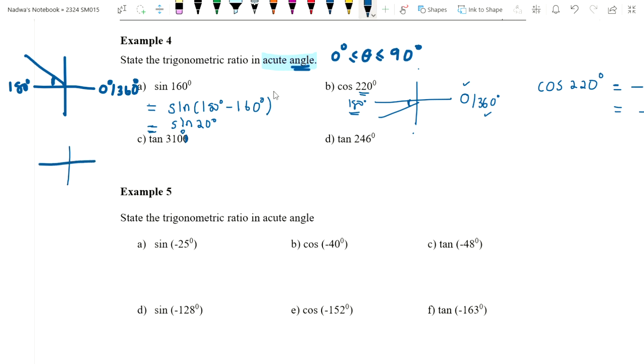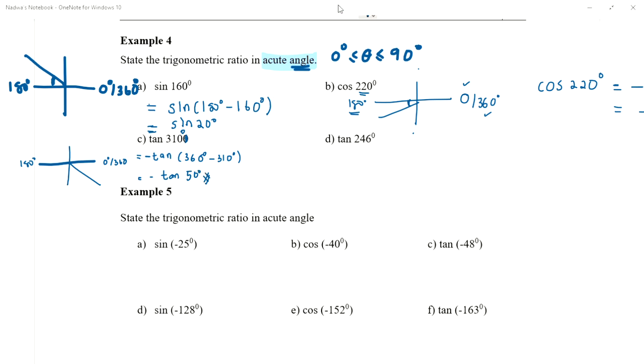It is in the fourth quadrant. So in the fourth quadrant, we are referring to the x-axis here, meaning tangent 310 degree is equivalent to negative. Yes, we have to put negative because tangent is negative in the fourth quadrant. 360 degree minus 310 degree. Negative tangent 50 degree. So this is the answer.